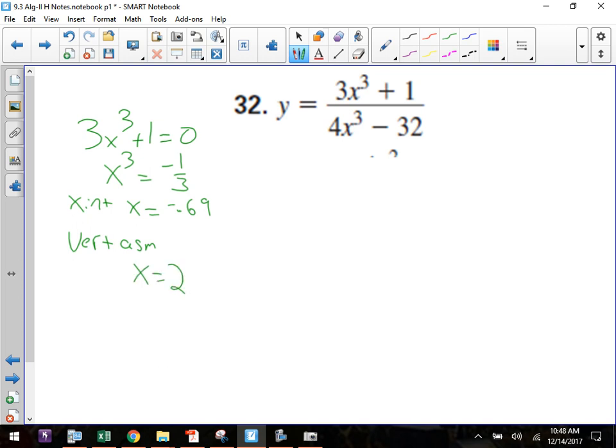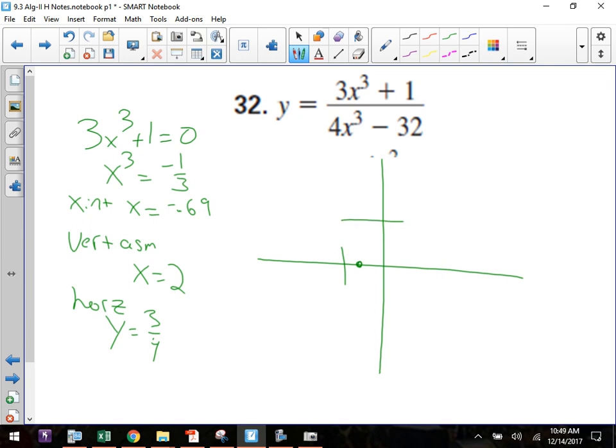And now you would have a horizontal asymptote where? Very good. Where's your y-intercept? So it's some really awesome numbers for this problem. Here's 1, so here's negative 0.69-ish. 3/4.